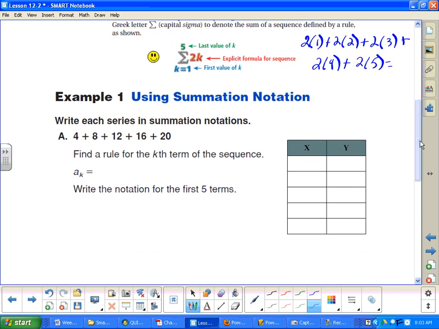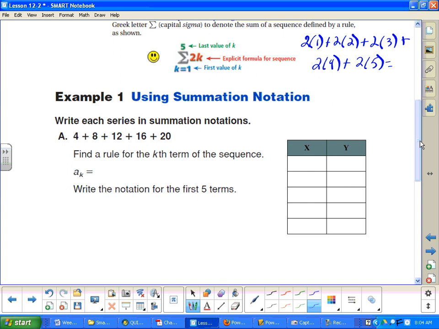Okay? So here we have the series 4 plus 8 plus 12 plus 16 plus 20. And we want to find a rule for the kth term of the sequence. So basically we're going to find the explicit rule for this series. All right, so we're going to use our table like we were working with yesterday when we were trying to find the explicit rule.